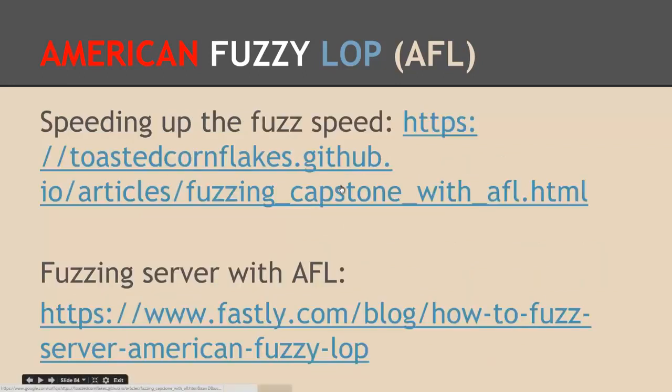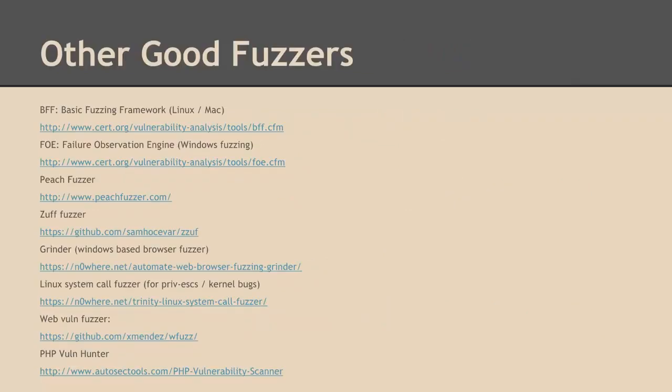There are a couple blog posts that are worth mentioning here at the end. Speeding up the fuzz speed is something that's been documented here, and using AFL for fuzzing a server with a protocol, instead of a file fuzzing format, is a good read and described here. There are several other good fuzzers worth mentioning.